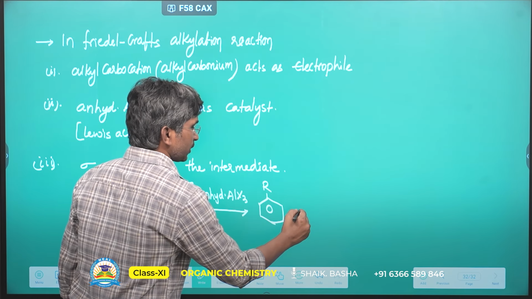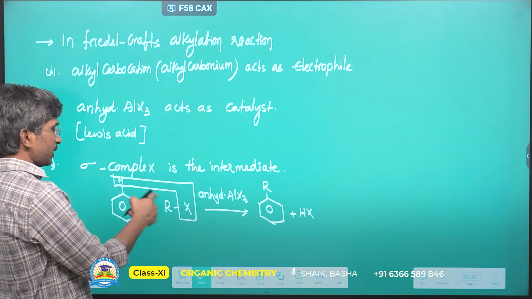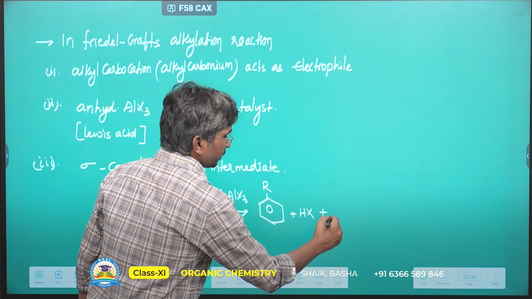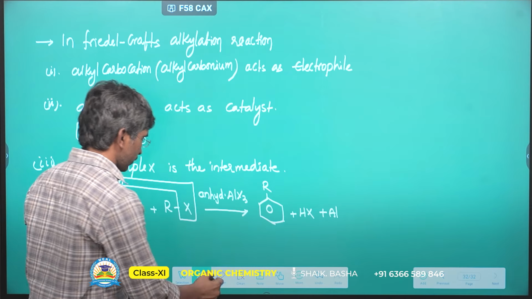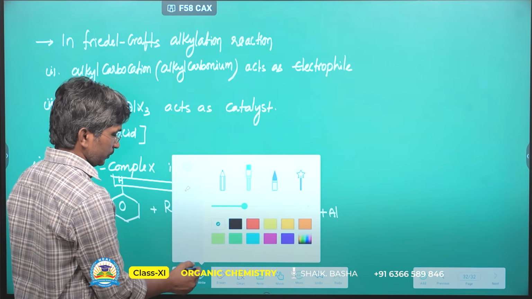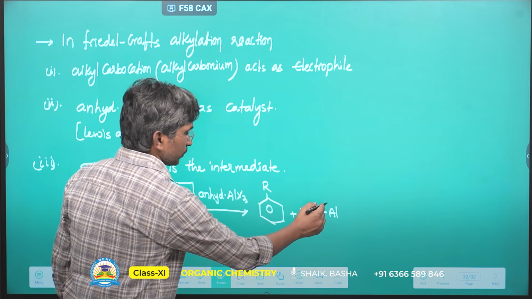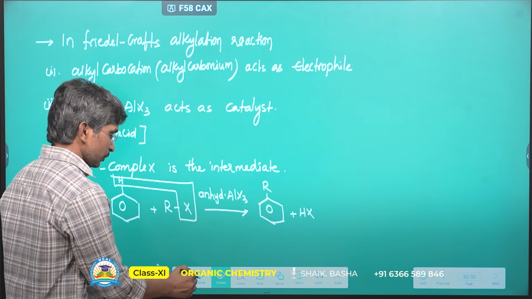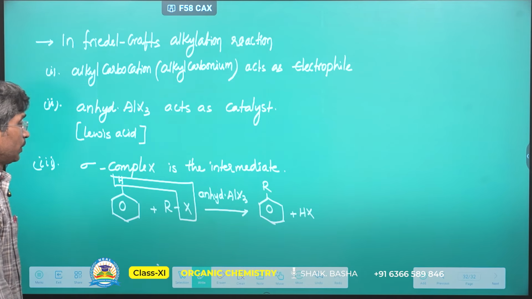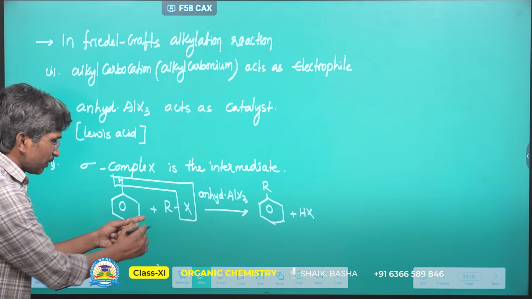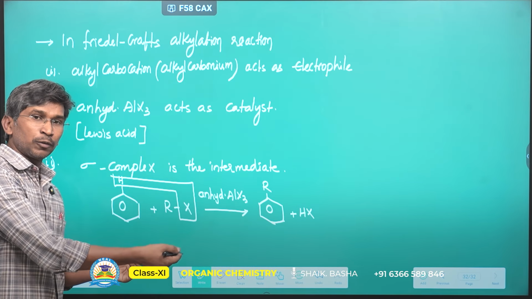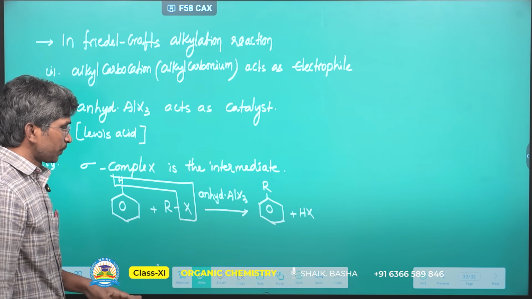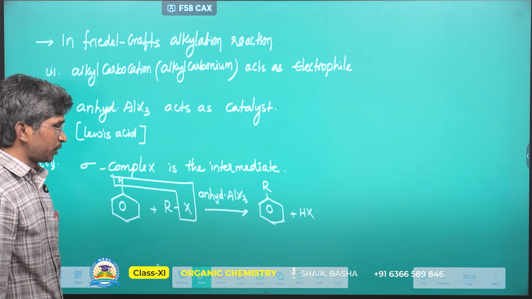Alkyl benzene plus HX plus AlX3, so no need to write that one. Then we'll see the applications. In the place of R means what? Alkyl group. In the place of R, methyl group, ethyl group, isopropyl group, anything we can take. So we'll see some specific examples.